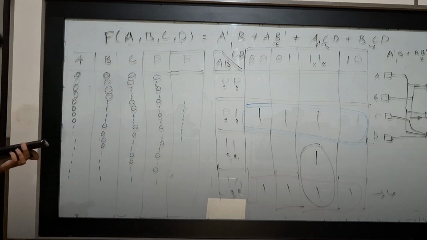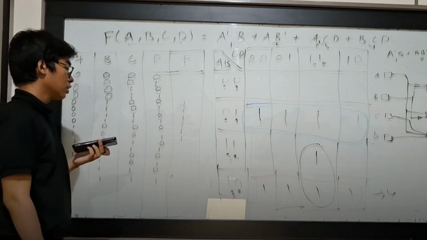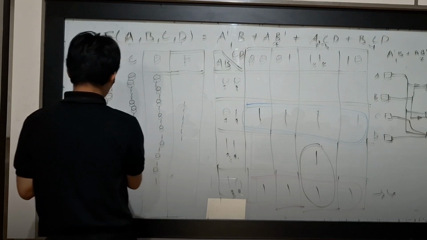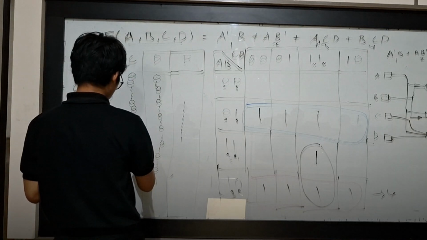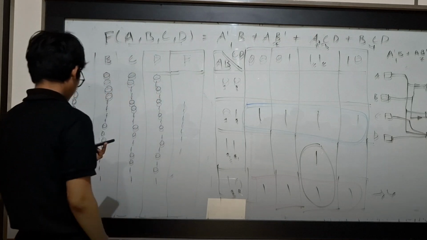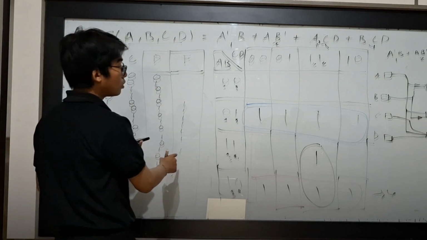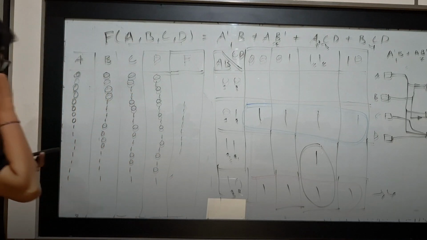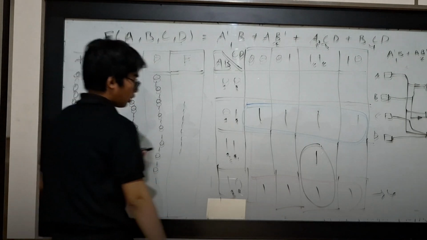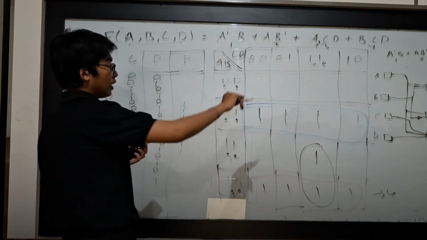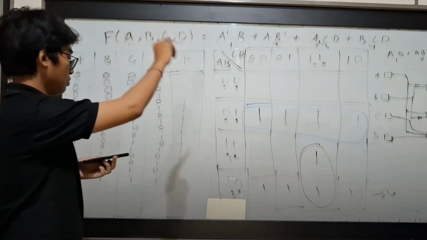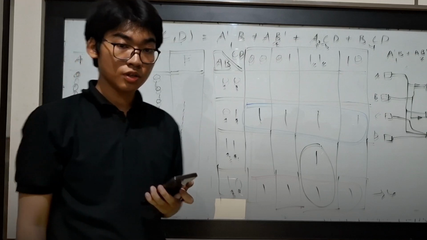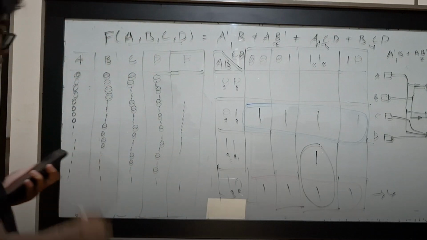And then 1, 0, 1, 1 is 1. 1, 0, 1, 0 is 1. And the last one is from this area, which is 1, 1, 1, 1, and so on, all 1. Okay, so this is the output of the truth table.